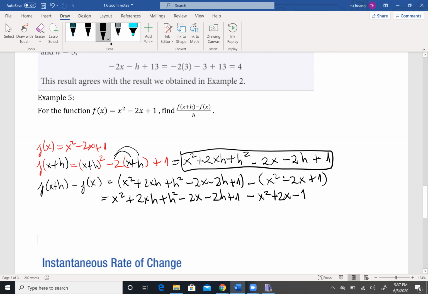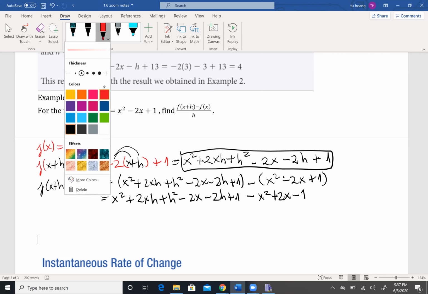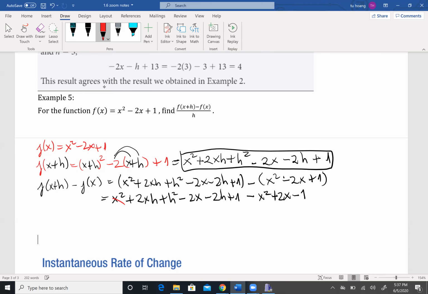For the x squared, it is going to be gone. Minus 2x is going to be gone. And 1 has to be gone. And you write out the simplified form as 2xh plus h squared minus 2h. All right.